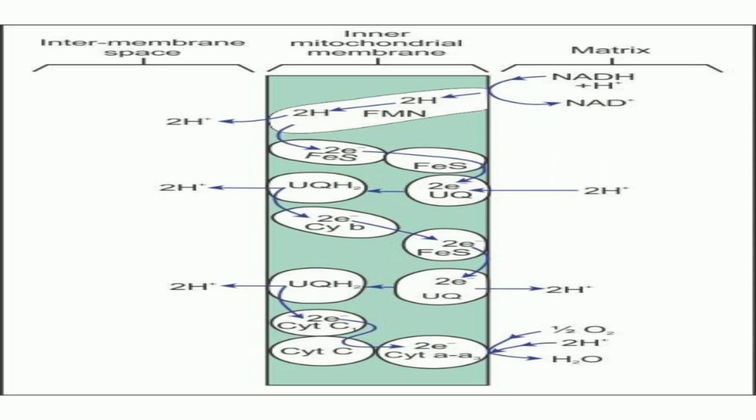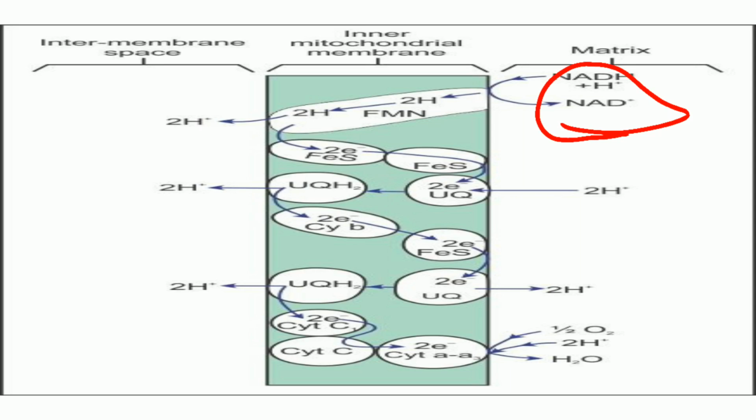Now how does the electron transport chain take place in this space? The metabolic pathway through which the electron passes from one carrier to another is called the ETS, or the electron transport chain. Let's see how it proceeds. Electrons from NADH, here is the NADH.